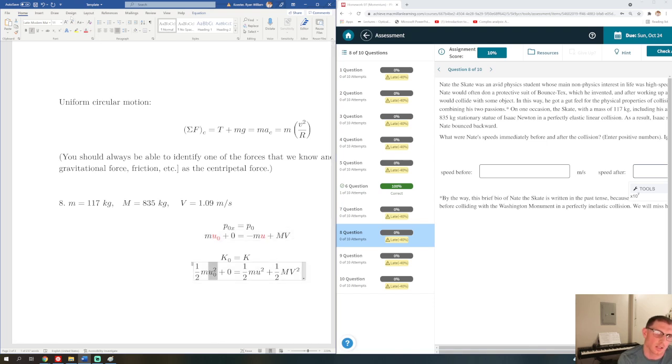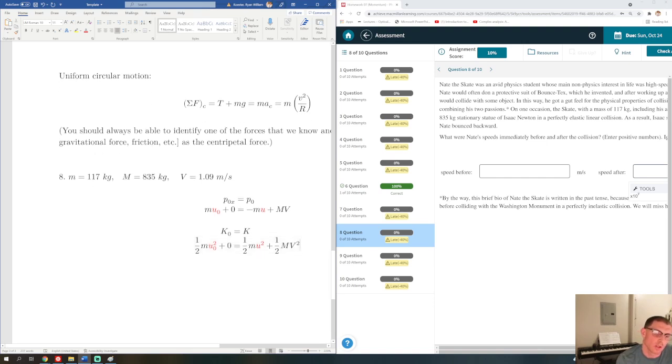I think I've said this to most everybody by now, but you're definitely going to want to be comfortable working symbolically for tomorrow. I hope everybody is. But this is what we have: two equations, two unknowns.